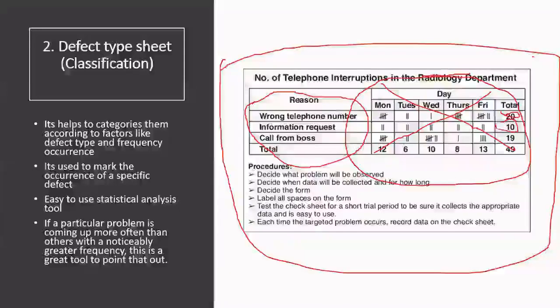Not only that, based on the dates also they can recognize how many per day in total. Again, you can see the number of reasons per each and every day: 30, 12, 6, 10. This line provides that information.